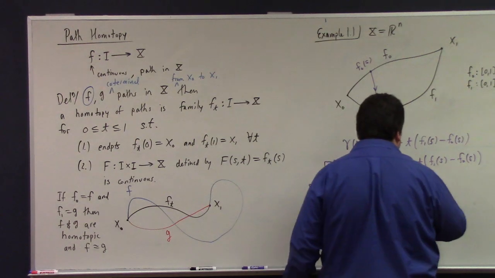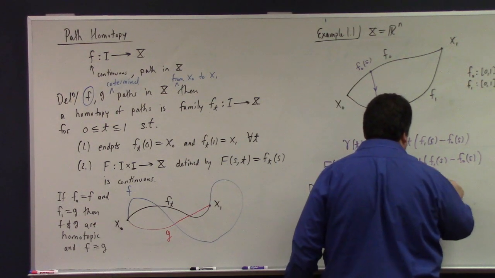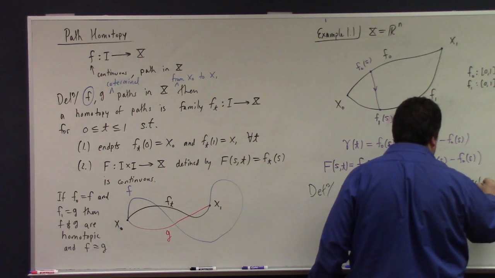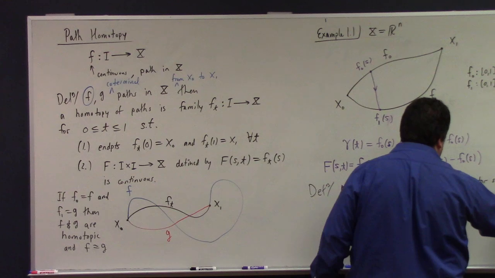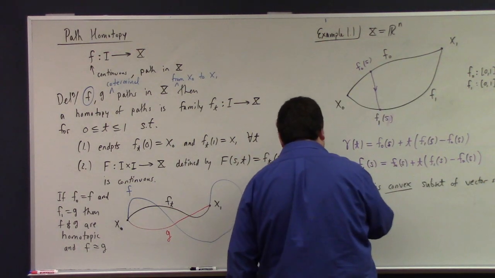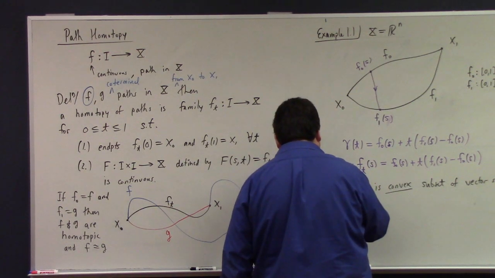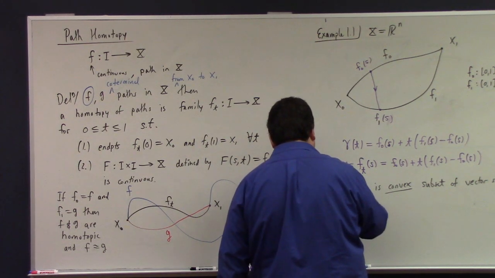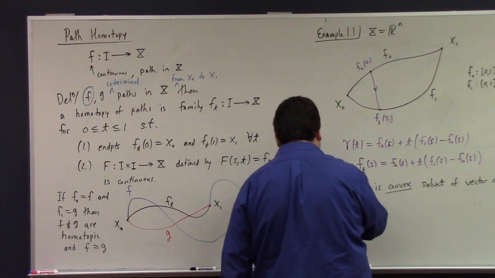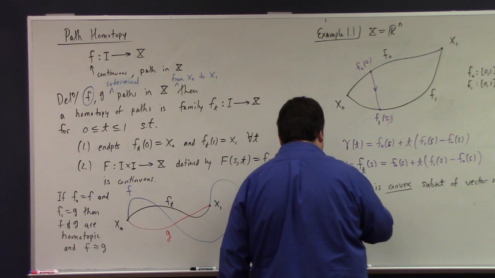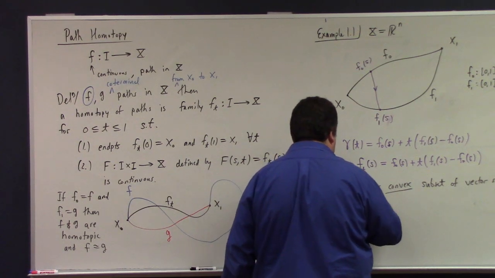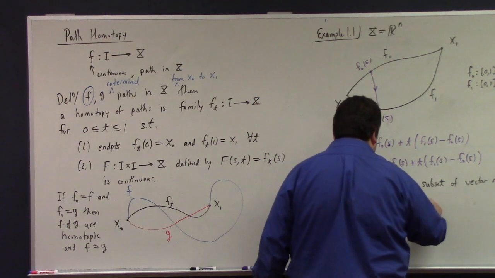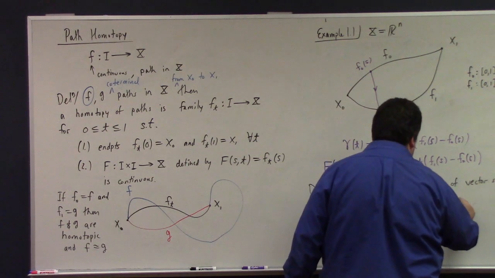Let's say a convex subset C of, we can do it for a vector space, I suppose, is one such that the line segment x comma y is a subset of C for any x comma y in C.